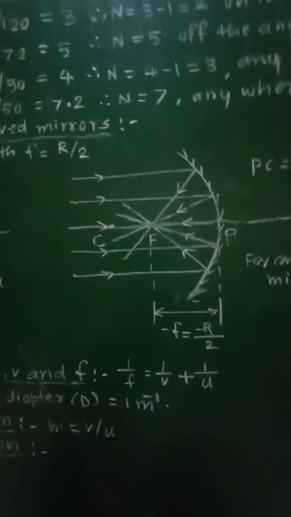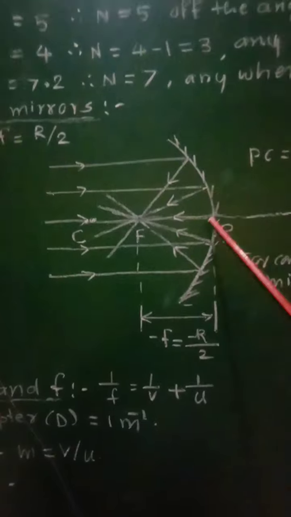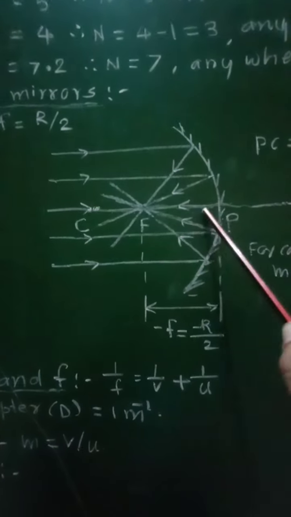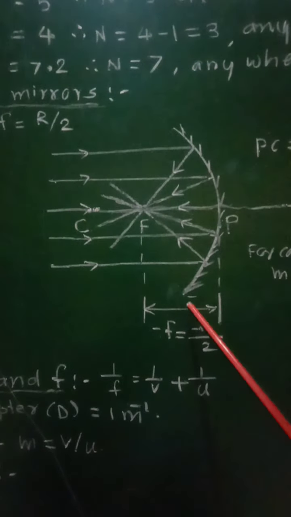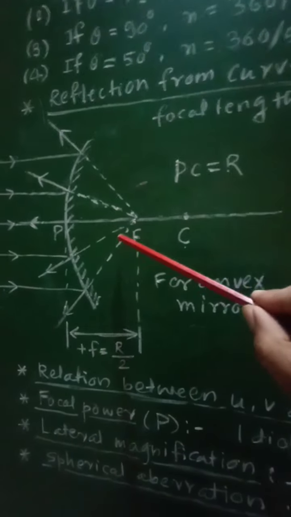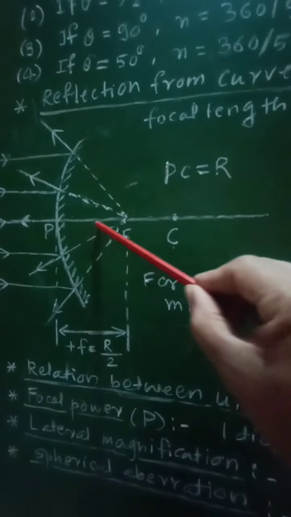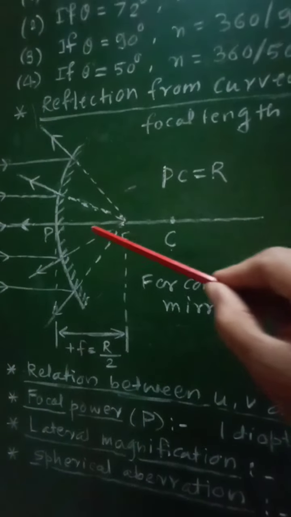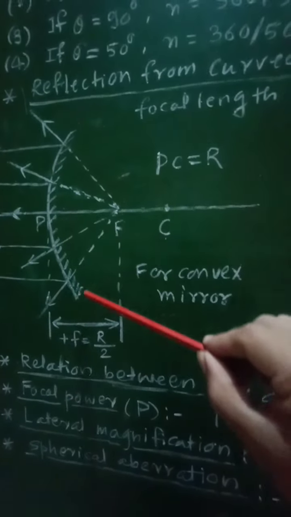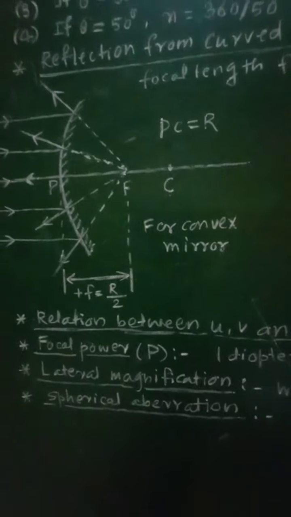By using the sign conventions, as this focal length is towards the left of the pole, it is considered negative. And for a convex mirror, as F is on the right side of the pole of the mirror, it is taken as positive.